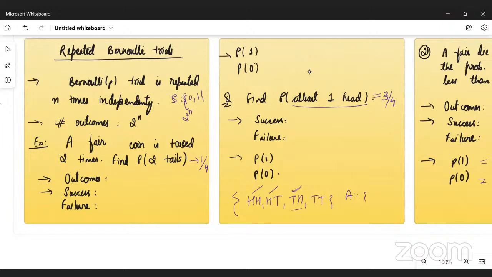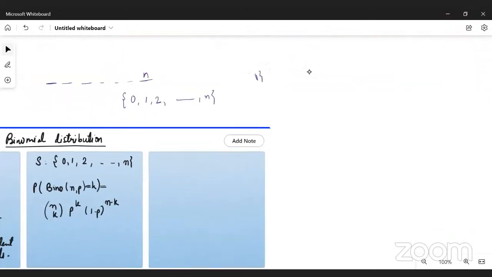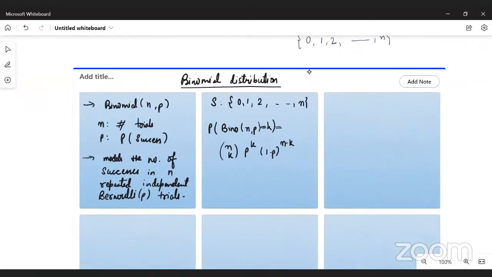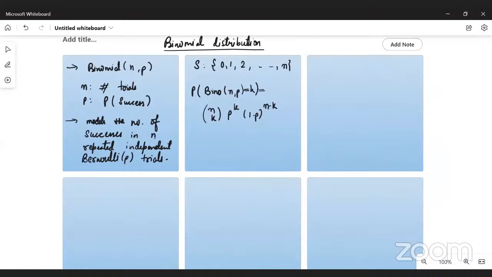So I assume that binomial and Bernoulli is quite easy. If you have doubt on binomial or Bernoulli, you can ask me. Basically, what I understood is Bernoulli is a discrete type of distribution, and it has two outcomes, either yes or no, success or failure.